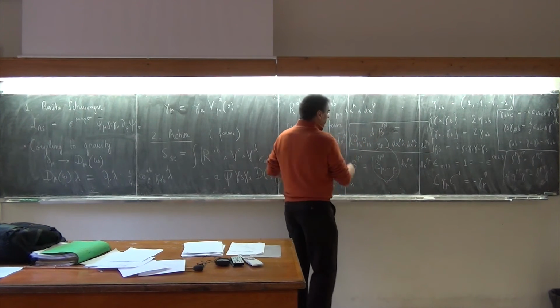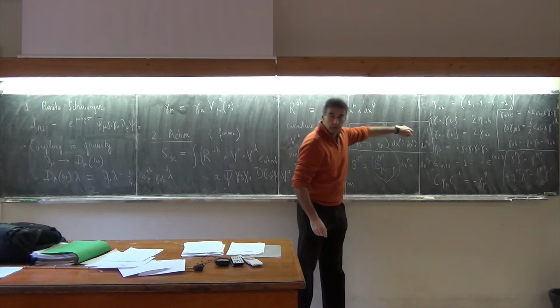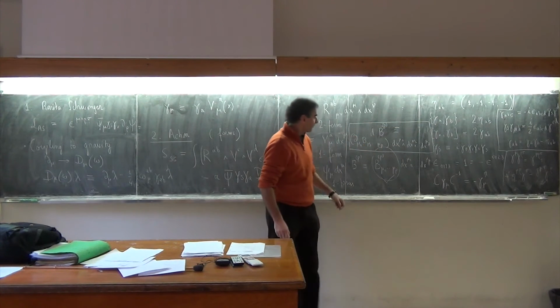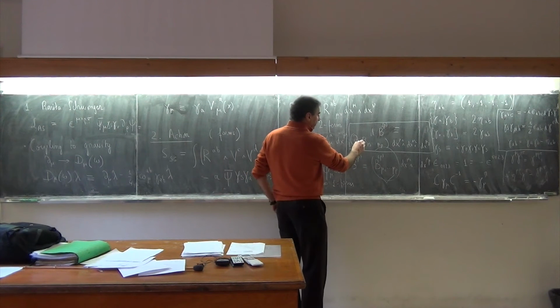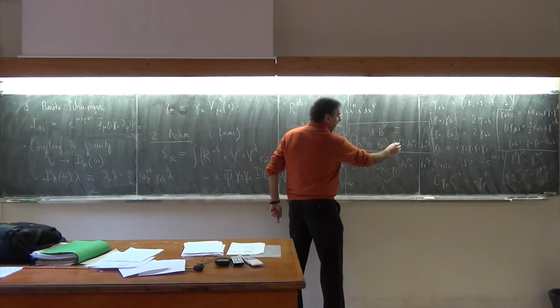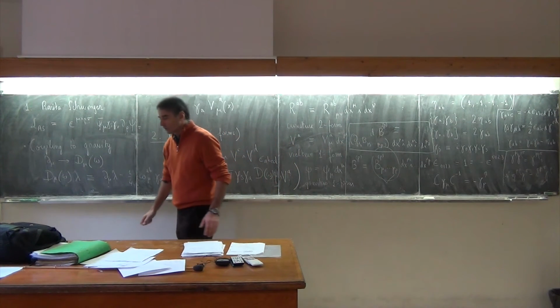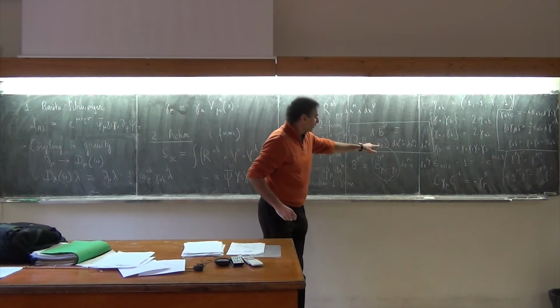As you see, the exterior derivative brings a P form to a P plus 1 form, because here you have P plus 1 indices, and in fact all these indices are antisymmetrized, because this product of differentials in the coordinate basis antisymmetrizes this set of indices.